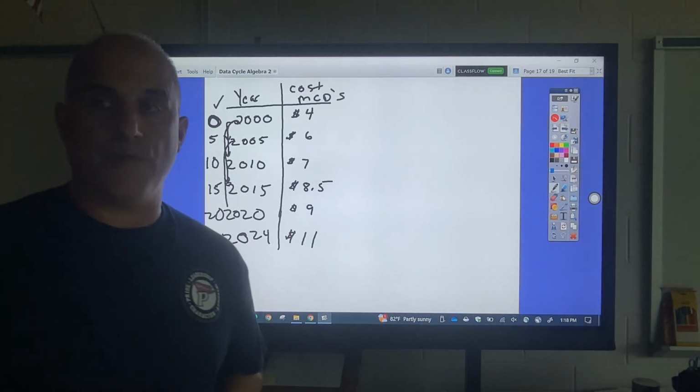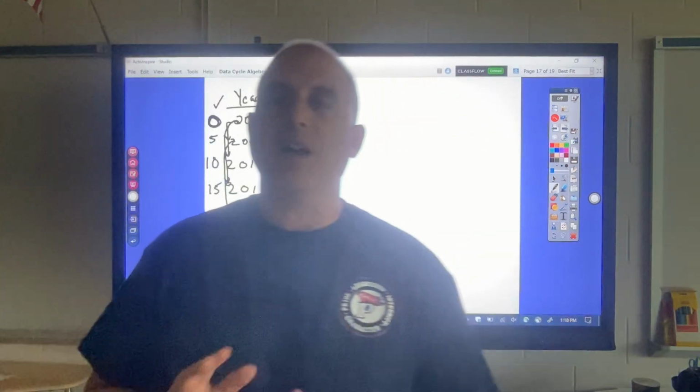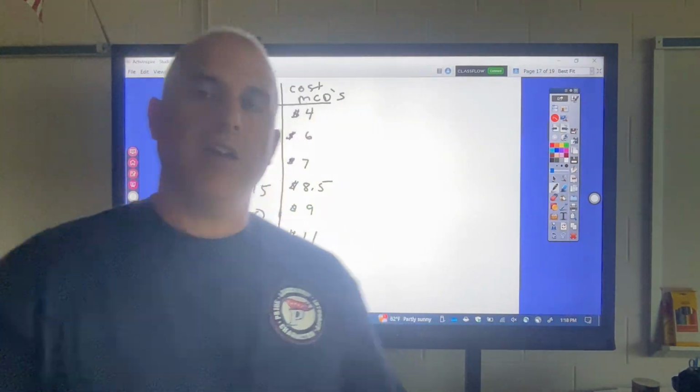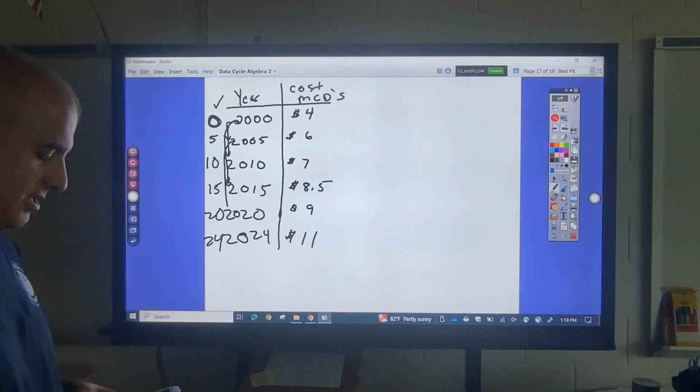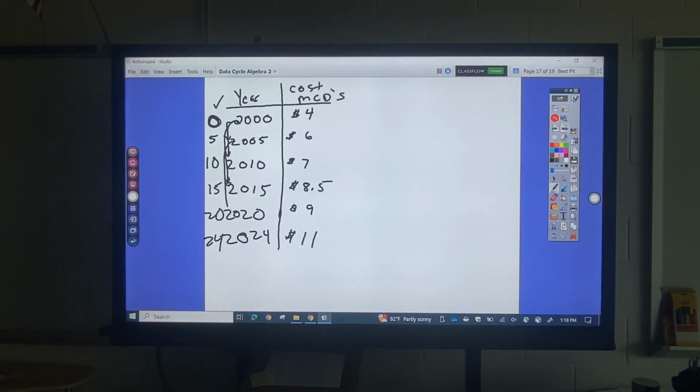Now, the reason for that is that sometimes, okay, all right, let's see what kind of correlation this is real quick. See if it's something worth doing. I just sort of made this problem up. I don't know if it's something worth doing or something not worth doing, so I'm going to see. Okay, 4, 6, 7, 8.5, 9, 11.